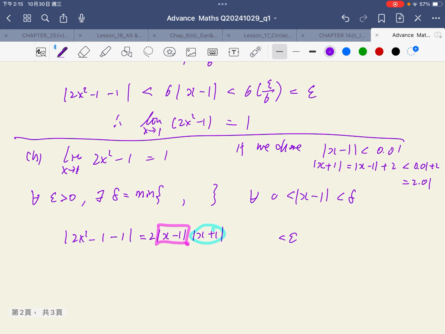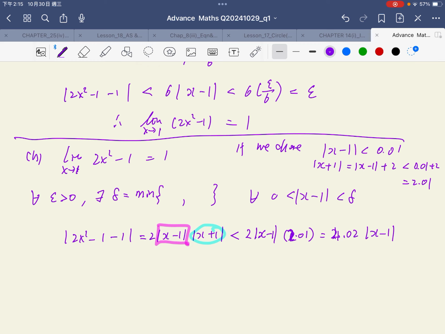Then we can estimate this one as 2 times absolute x minus 1 times 2.1. Sorry, this is 4.2 times absolute x minus 1.